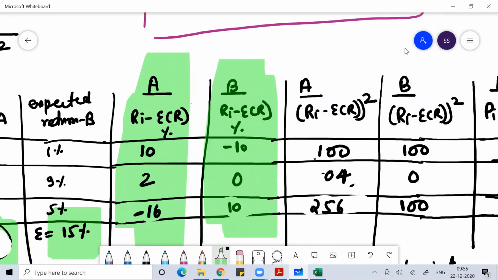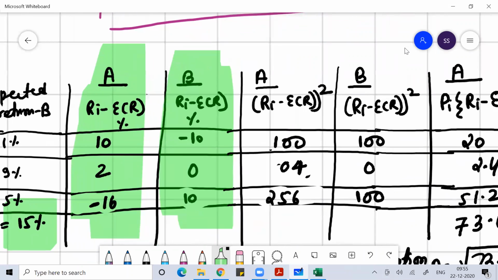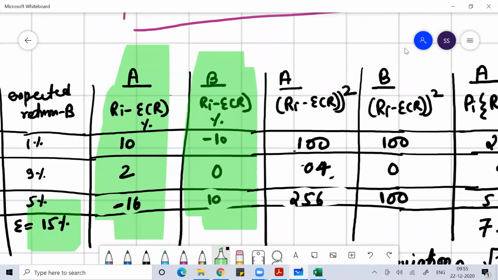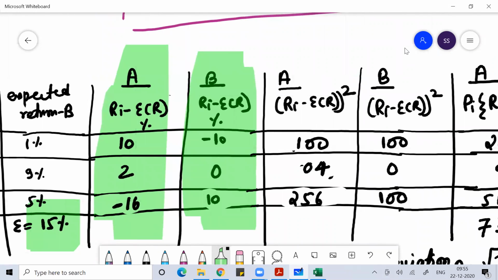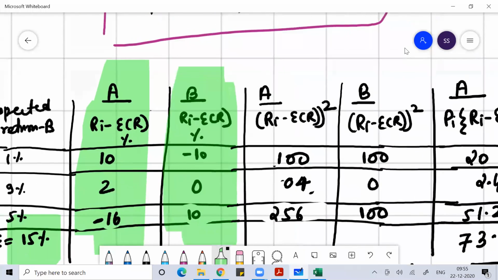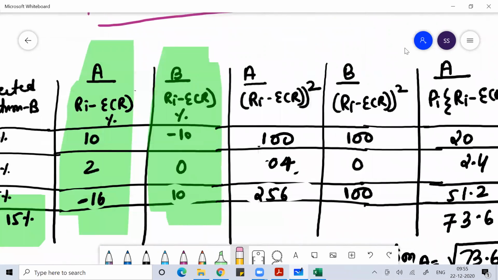I know the standard deviations. I just need to multiply them with probability to get the covariance. So I'm doing it here only.